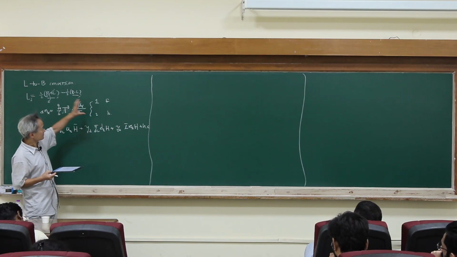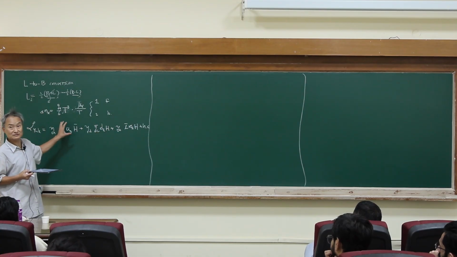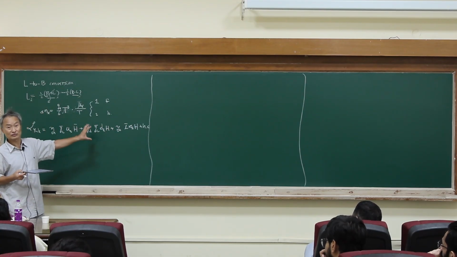So we have the decay process of the right-handed neutrino, but these Yukawa interactions are much faster, so they keep all these leptons and Higgs in equilibrium.